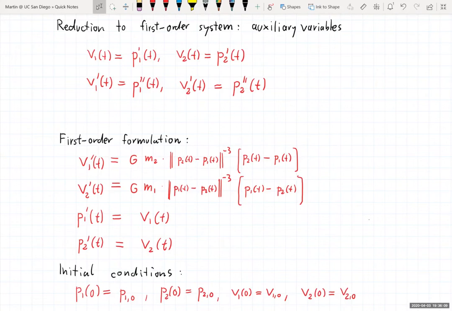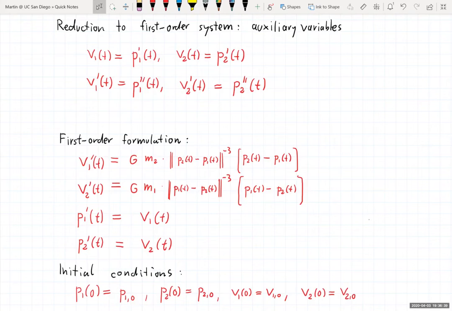Namely, v1 prime of t is equal G times m2 times the inverse cubic power of the norm of p2 of t minus p1 of t, multiplied by the vector p2 of t minus p1 of t, and conversely, v2 prime of t is equal G times m1 times the inverse cubic power of the norm of p1 of t minus p2 of t, multiplied by the vector p1 of t minus p2 of t.